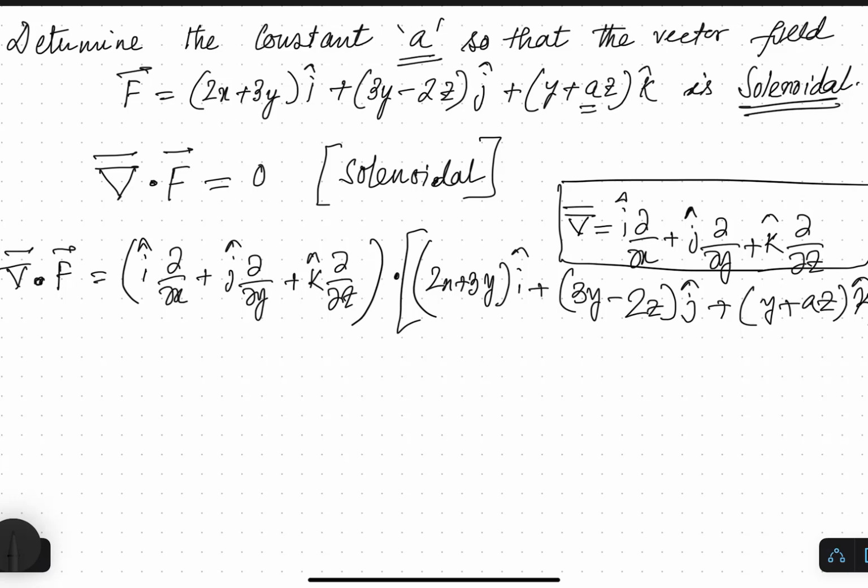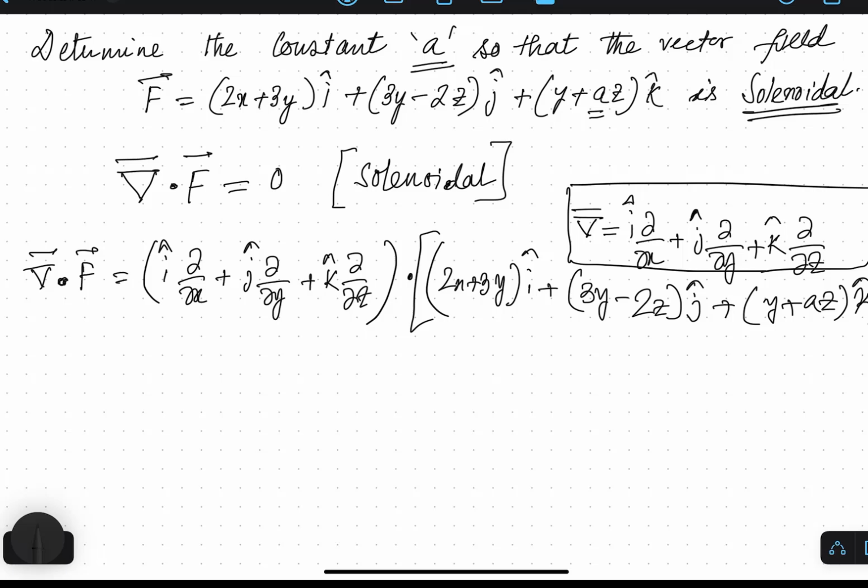So we know that for a dot product, to calculate the divergence, this value I should equate to 0. So this is the condition.